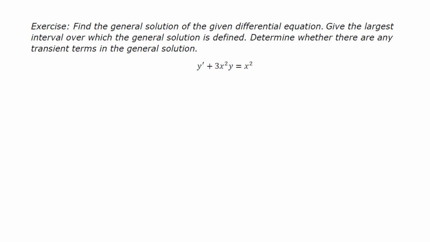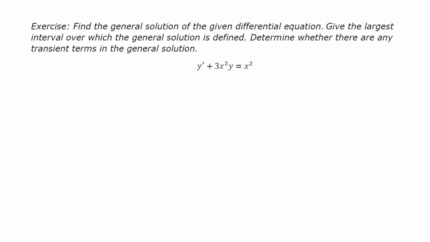Okay, our first problem. Find the general solution of the given differential equation. Give the largest interval over which the general solution is defined, and then determine whether there are any transient terms in the general solution. And our first equation here is y prime plus 3x squared y equals x squared. Okay. Notice that this equation is written in the standard form for linear equations.